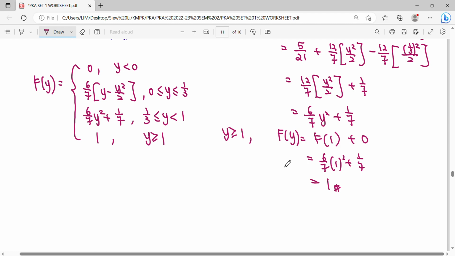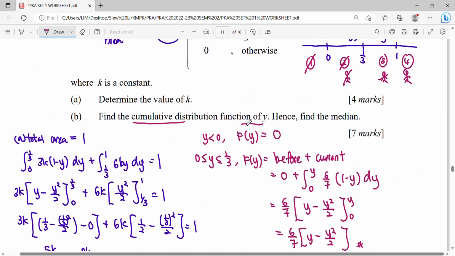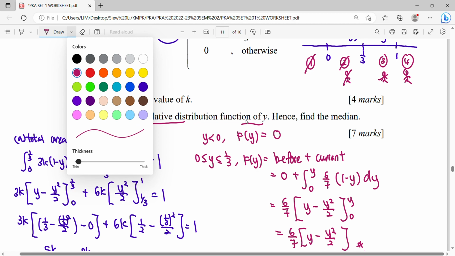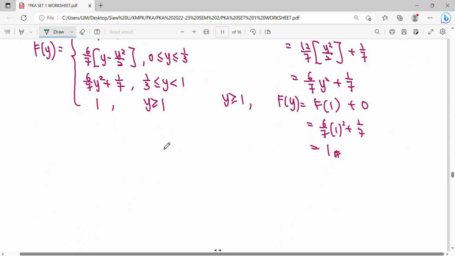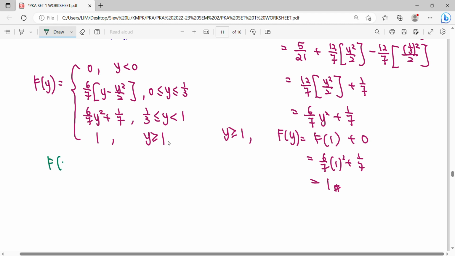So after finding this cumulative function, you have to find out what your median is. So median, as we know, F(m), accumulate to the median, we get 0.5. But we have two functions here. Which one locates the median? So you have to test.